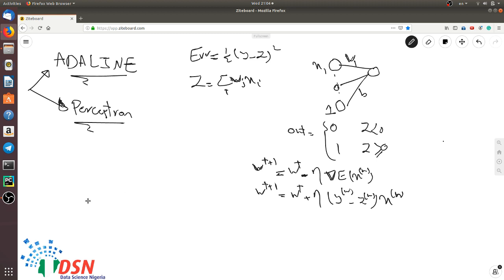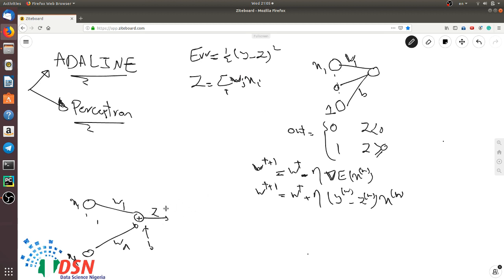In perceptron, we have x1 to xd in here, and we have w1 for that input, wd for this input, and after that we sum all of the wi xi's, and then we could include the bias also in here. This could be z in here, and after that we apply a step function as the activation function.